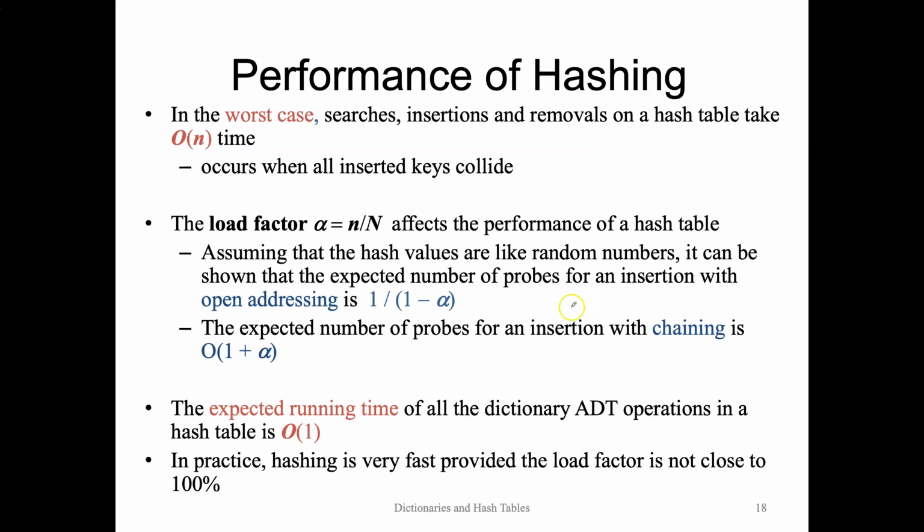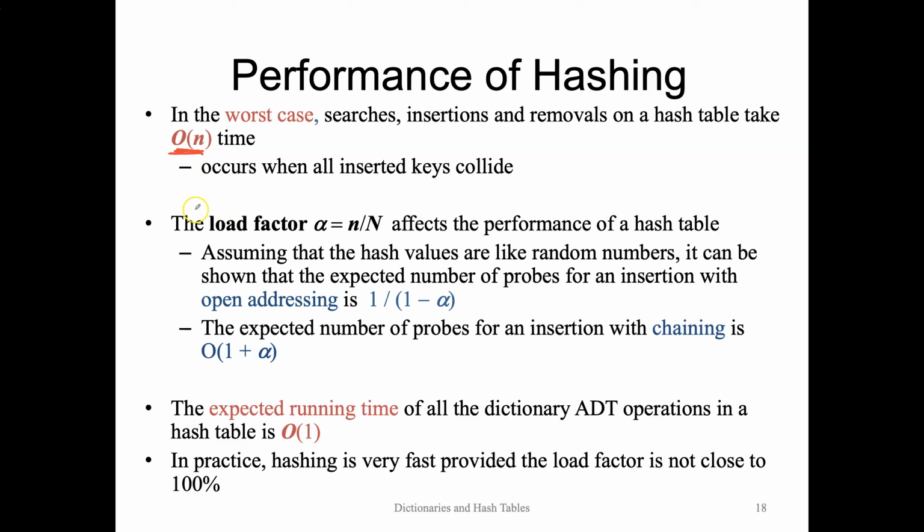But in general, we have, in the worst case, any of the find, insert, or remove that we would do on a hash table could be linear time. And this would occur if we were so unfortunate as to have every key collide. So that's still the worst case situation, but we can show that on average that doesn't really happen all that often because we're careful with how we pick our hash function.